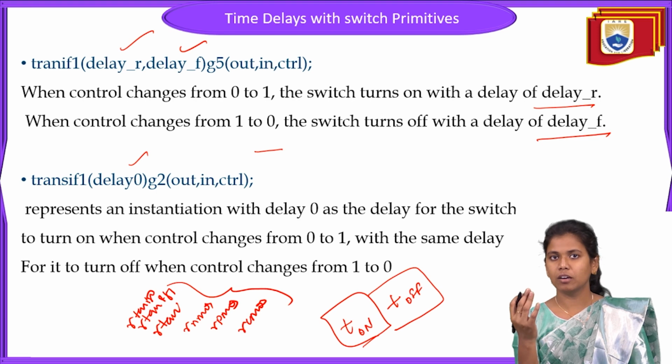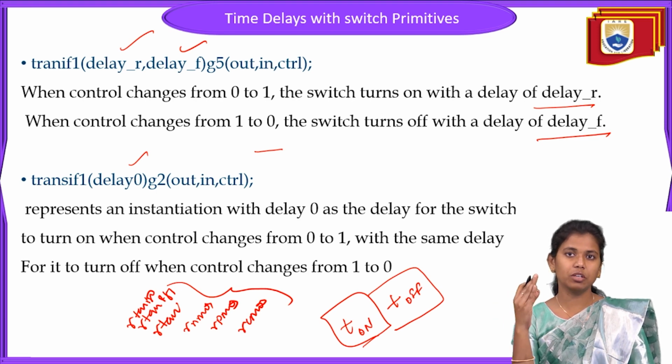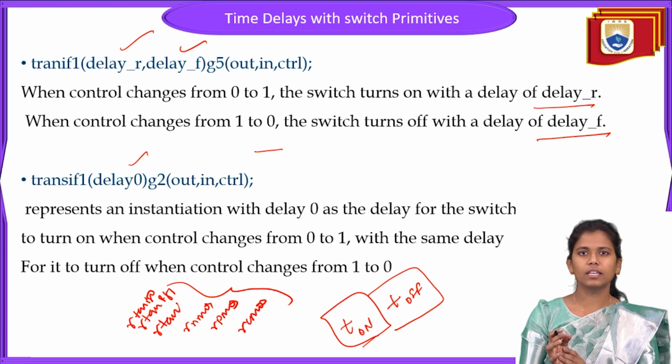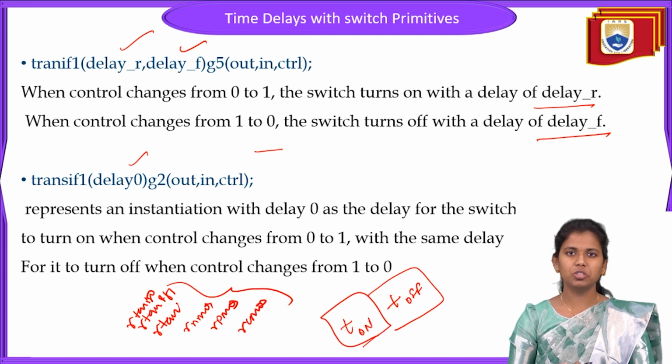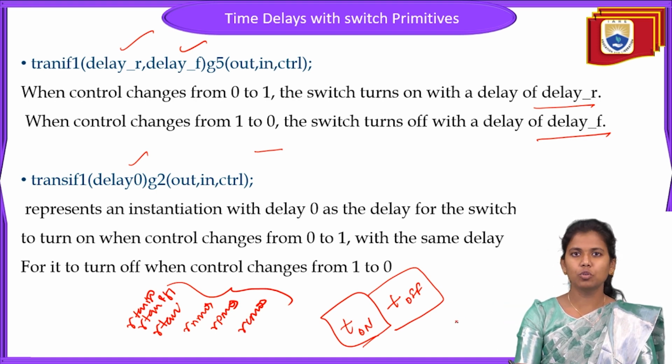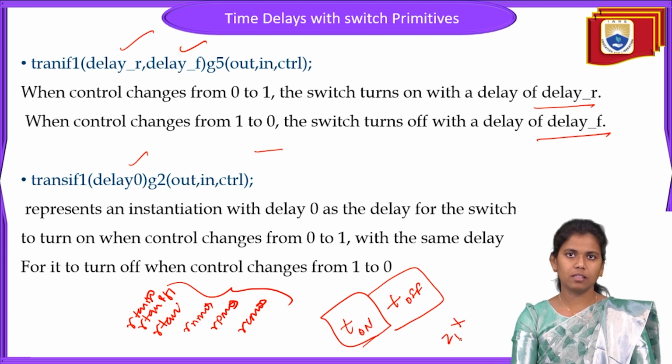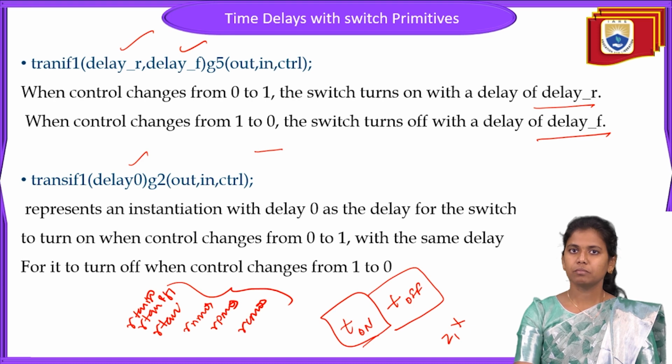And then when the output drives from 1 to 0, that particular time slot you call the fall time. Okay, and then the turn off time. Turn off time is when the output changes to the high impedance value, that is Z or the unknown value X, then such delays are nothing but the turn off delays.